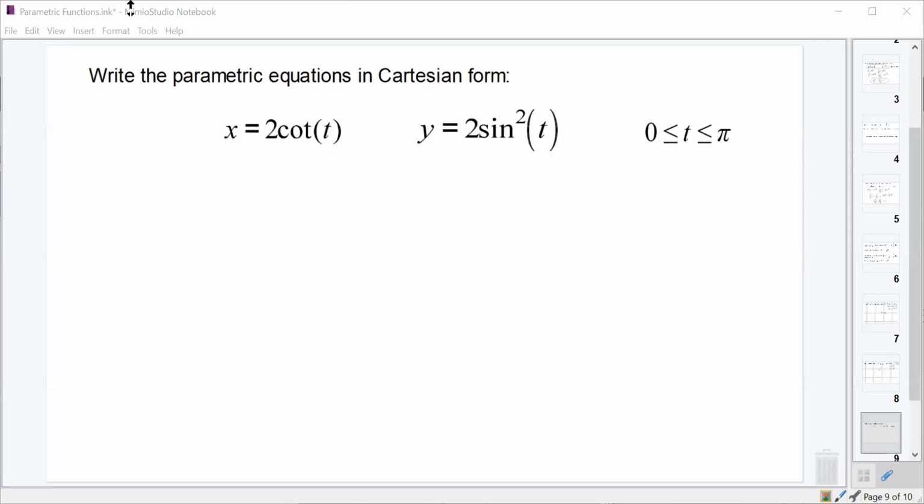Molly, you've got 2y minus x squared over 4, or 2y minus x squared all over 4? Either way, it's not right.